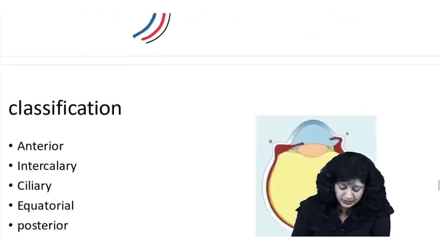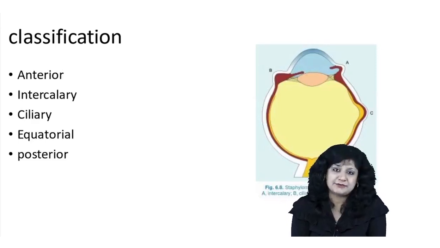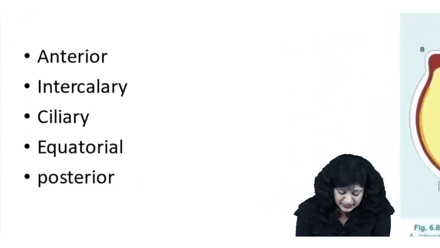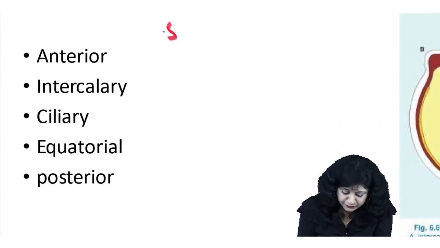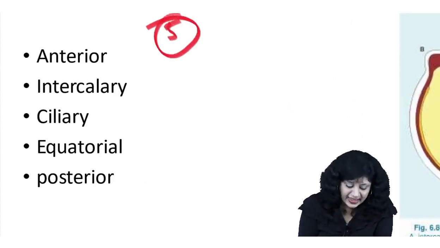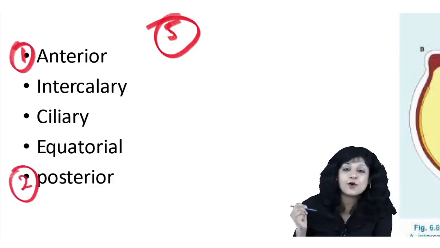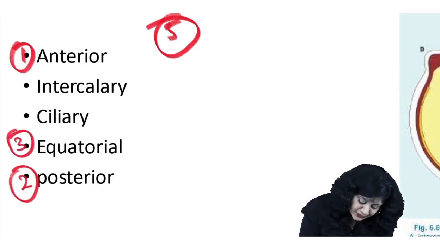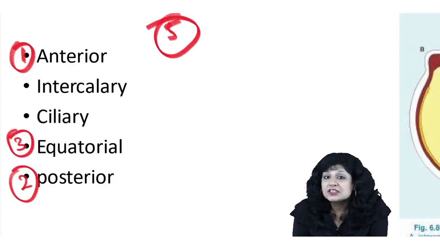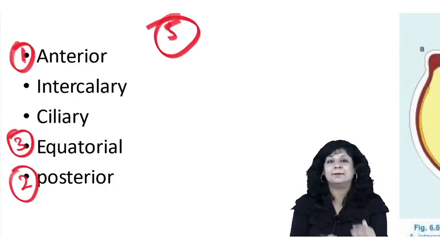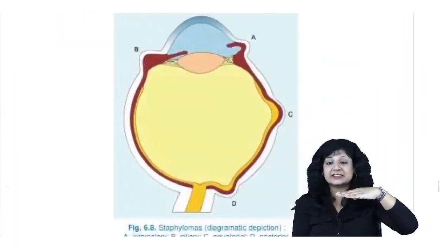Alright. Now coming to the classification of these staphylomas. Broadly speaking, they can be divided into 5 categories. We have anterior staphyloma, then posterior staphyloma, then equatorial staphyloma. Can you see I am changing the order because this order is easy to remember. If you go with reference to the equator, see this is your eyeball.